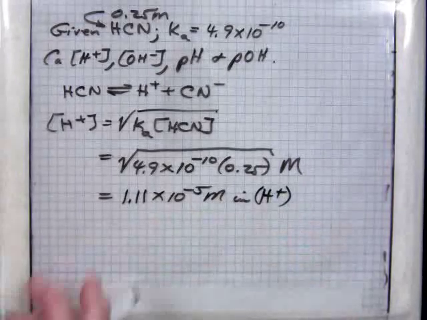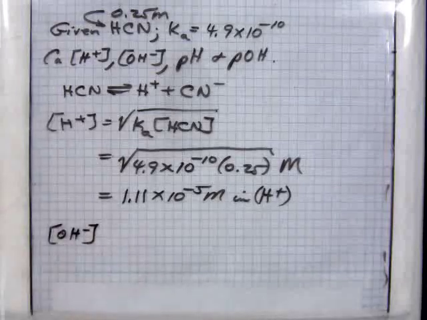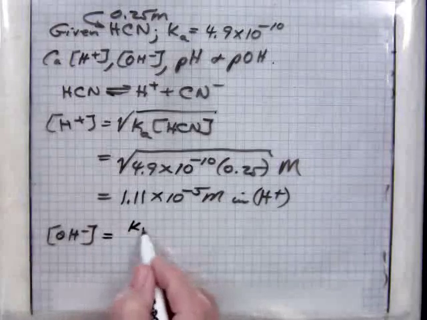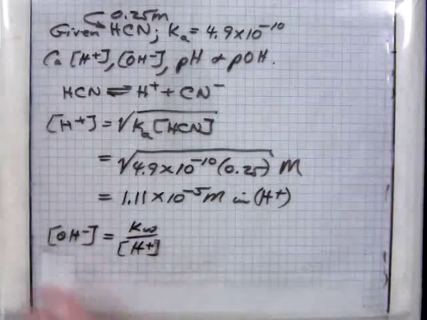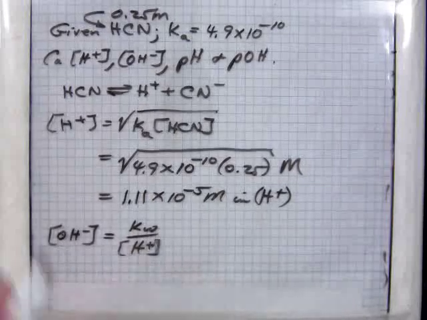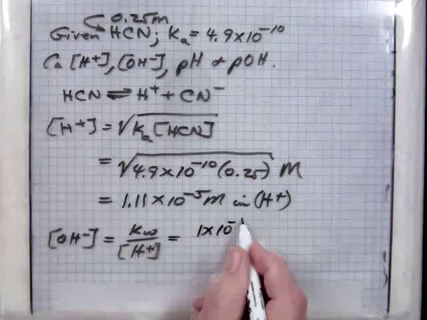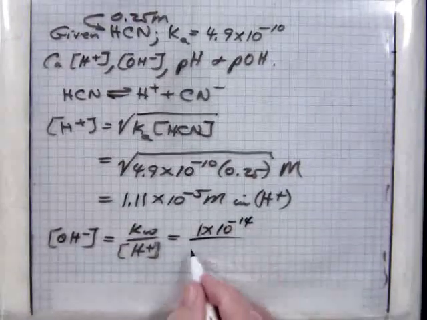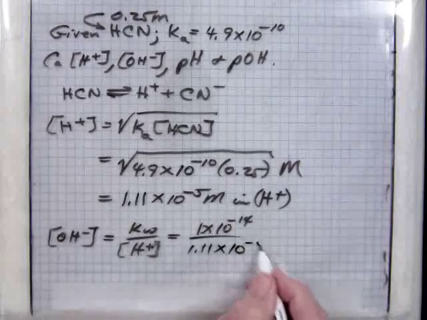So next one would be the hydroxide ions. You know it's going to come from the Kw expression, so it'd be Kw over the hydronium ions. If you were looking for hydronium ions and having the OH, it'd be Kw over OH. So in this case, it's 1 times 10 to the minus 14 over 1.11 times 10 to the minus 5.